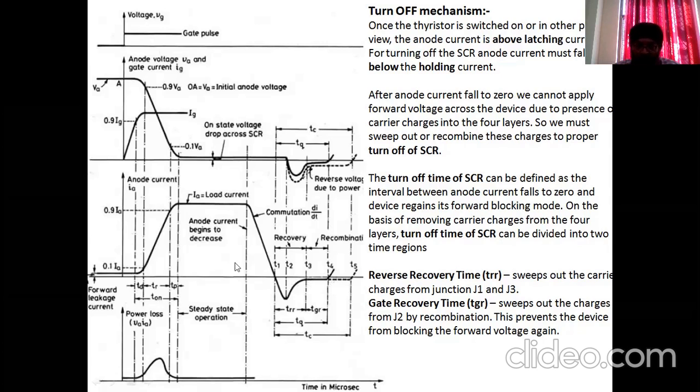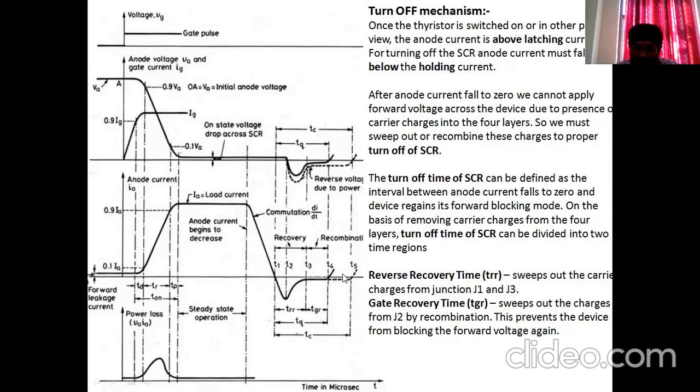So after this reverse recovery time and gate recovery time, we can say the current becomes 0. Now this device can be ready for the next on cycle. And then the complete cycle again repeats itself.